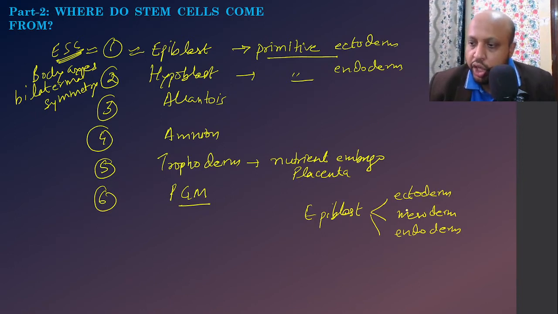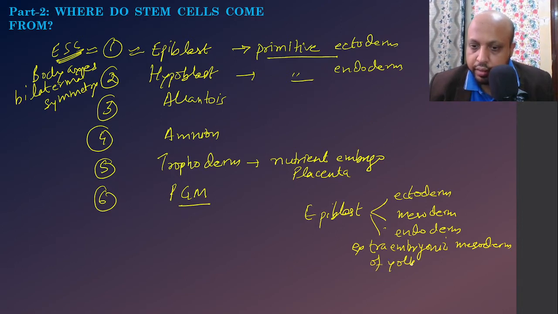Besides this, they also make the extra-embryonic mesoderm of the yolk sac.